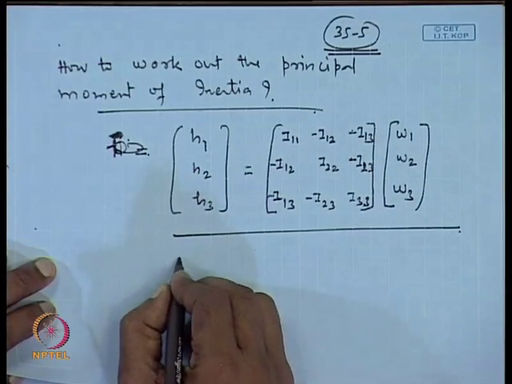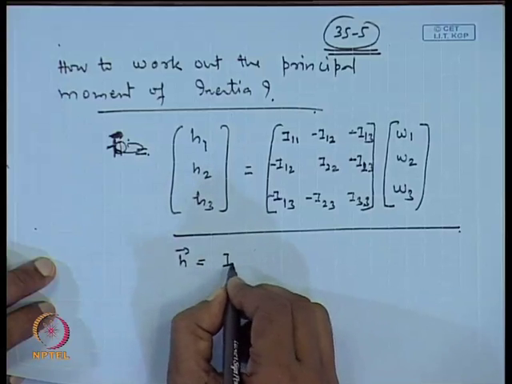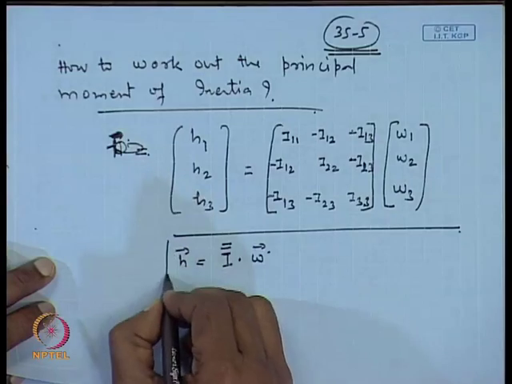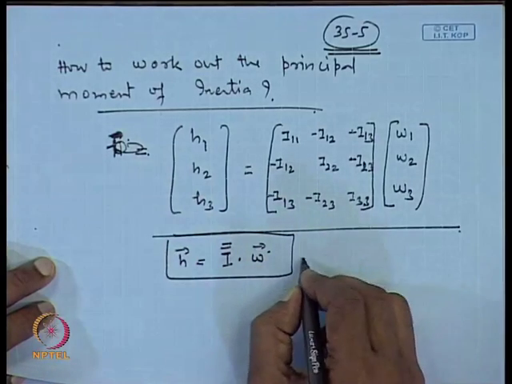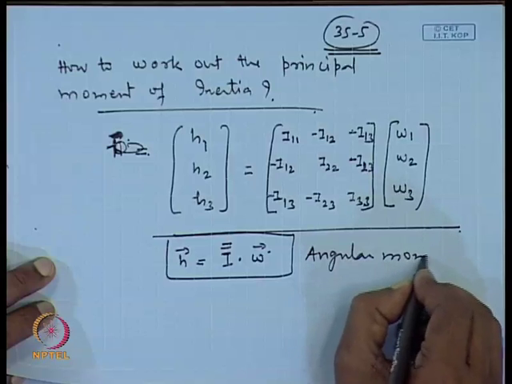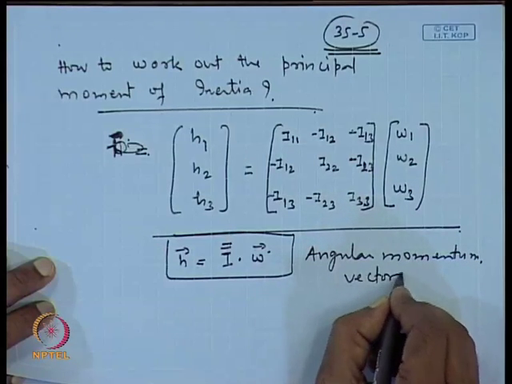In other words, h can be written in terms of the inertia dyadic. So, this is your angular momentum vector.